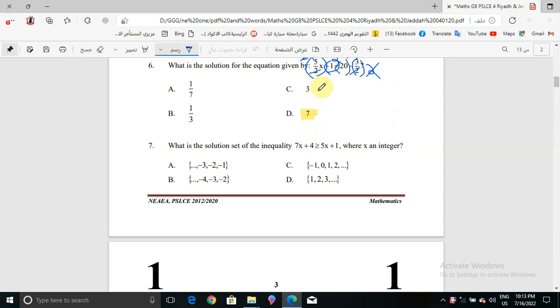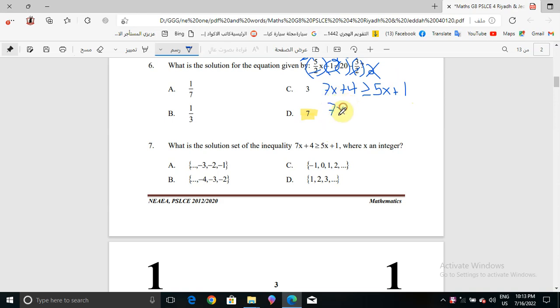Now what we'll do here, 7x plus 4 is greater than or equal to 5x plus 1, right?